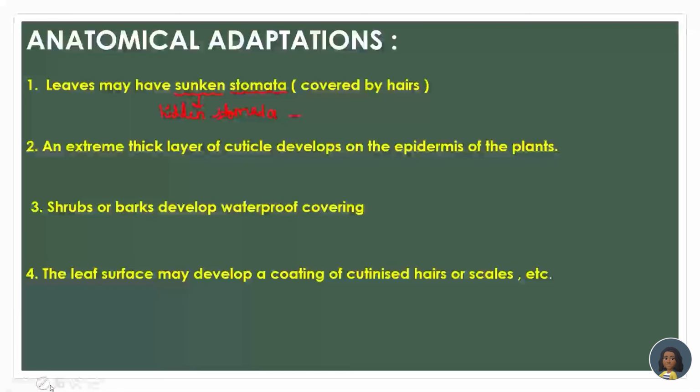Stuffed with what? Stuffed with anything. Stuffed with, you can say, protein, stuffed with cuticle, stuffed with something. Or it can be covered with something. Or covered with, here it is shown covered with hairs.